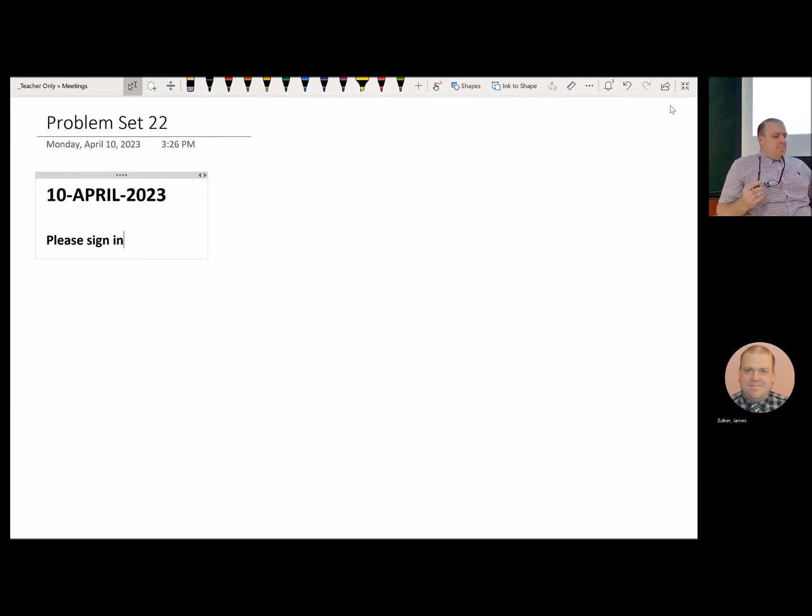Well, this is inverse trig. Now, remember, to have an inverse, it had to be one-to-one. The trig functions are not one-to-one. So how can they have inverse functions? Because we restrict the domain.